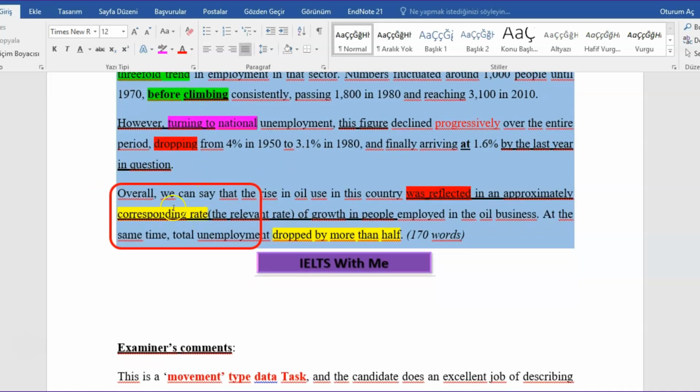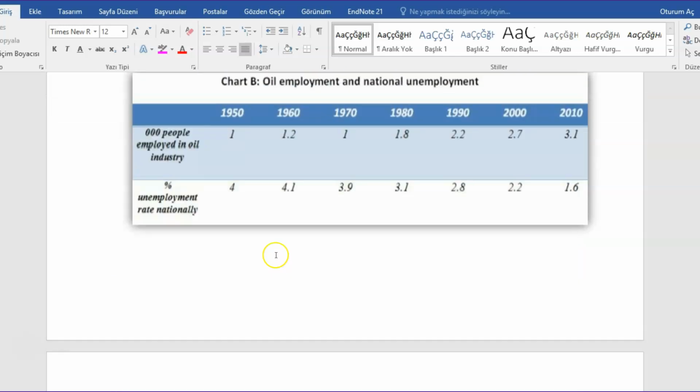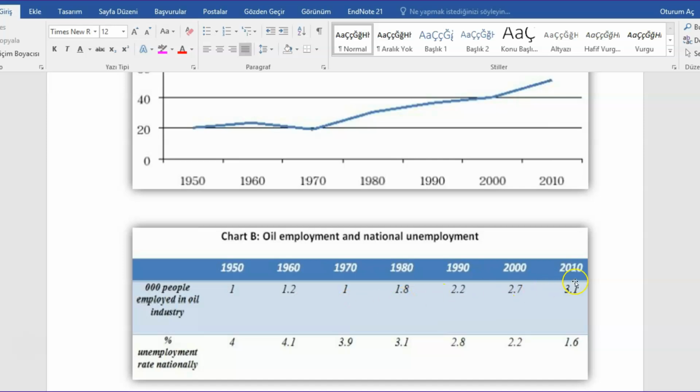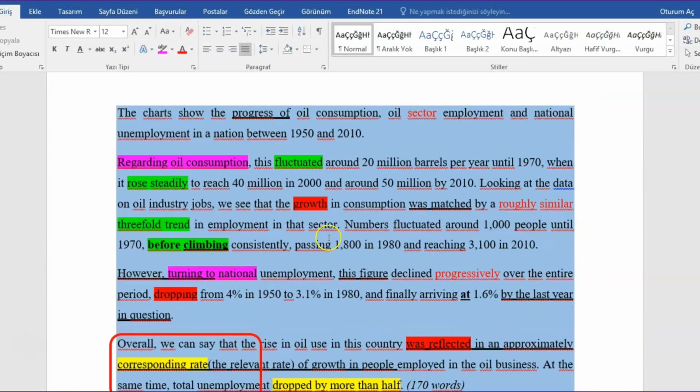And overall, we can say that the rise in oil consumption in this country was reflected in an approximately corresponding rate of growth in people employed in the oil business. Corresponding rate means the relevant rate. There is a link, there is a correlation between oil consumption and the people employed in the oil industry. In both of them we saw an increased pattern, right?